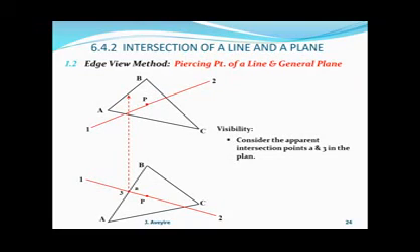Therefore, we meet the point 3 on the line first before we meet A on AB. Since the point 3 is met first, that means the point 3 on the top view is not visible. So if it's not visible, the invisibility ends at P. So P, 3P will not be visible, and therefore is drawn with a dashed line. Now, we are left with the other portion of the line.